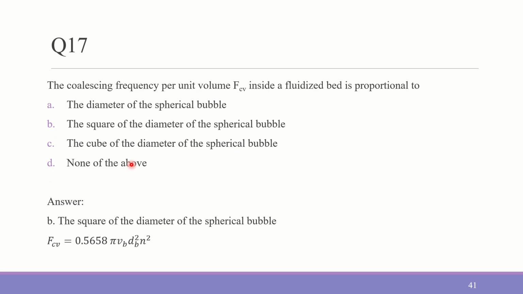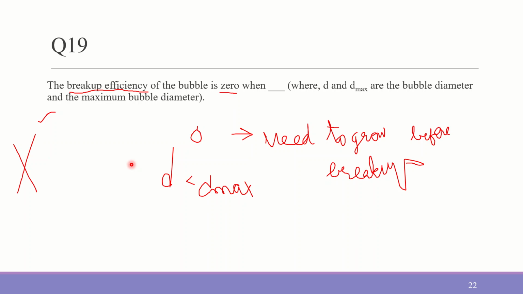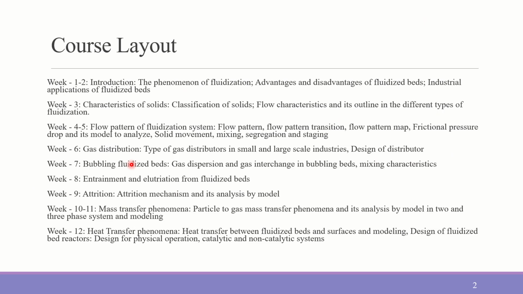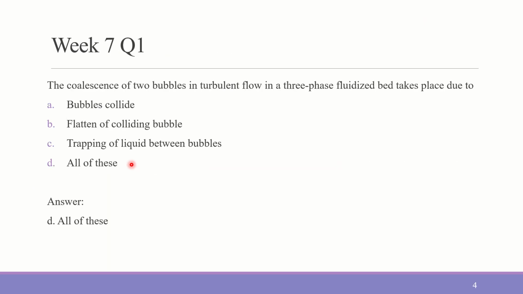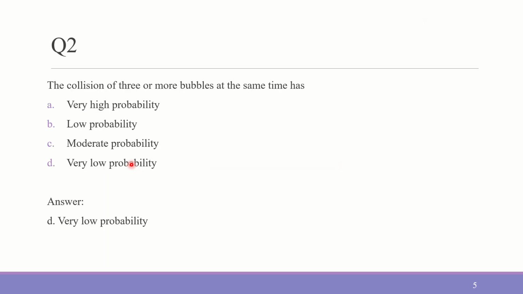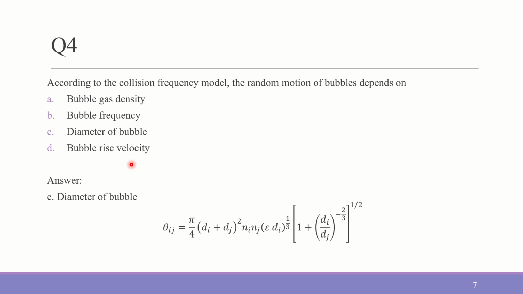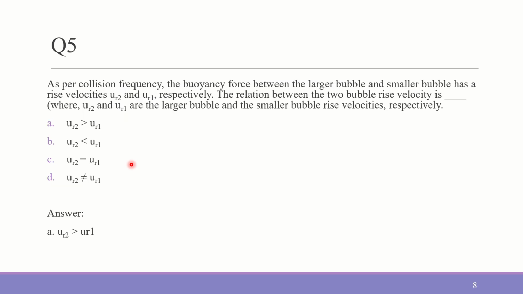And what are all the different concepts we have seen in today's class? Collision. For random bubbles, we have seen collision frequency is directly proportional to the diameter of the bubble, and also bubble rise velocity is proportional to the size of the bubbles.